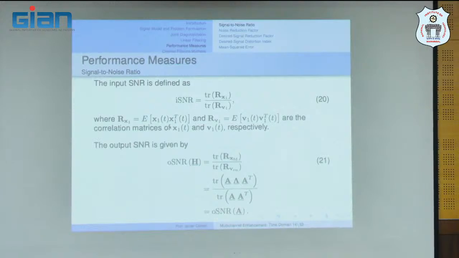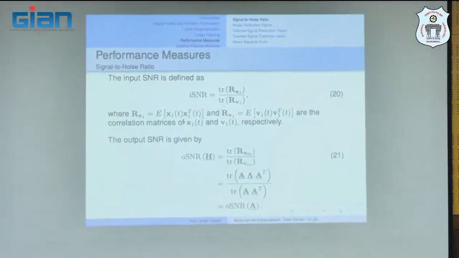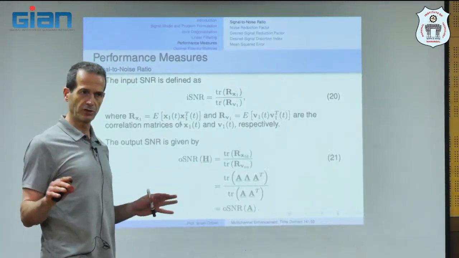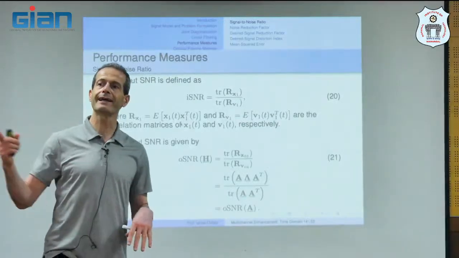This is the input SNR, because remember we talked about the overview of multi-channel signal processing. We talked about array gain.